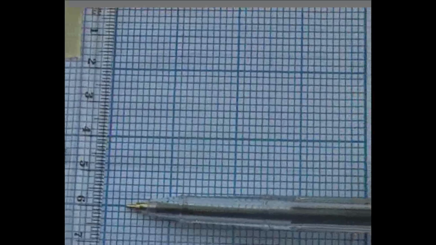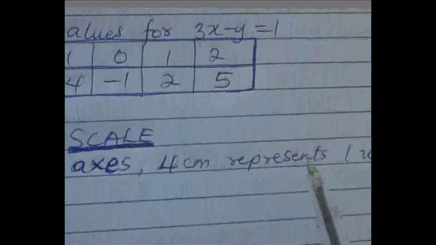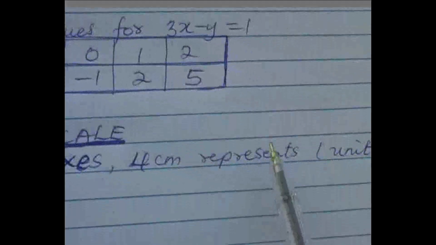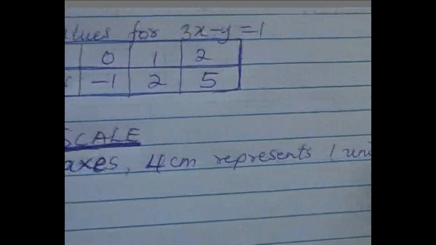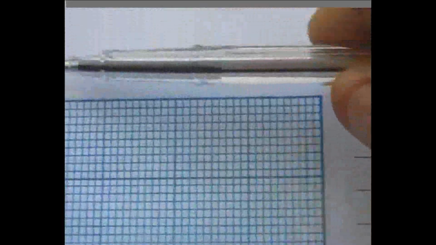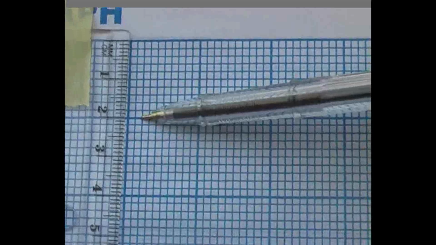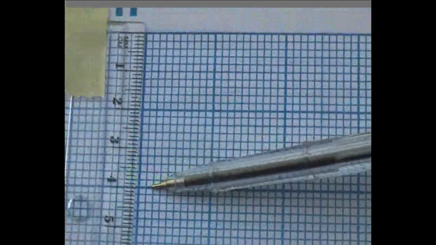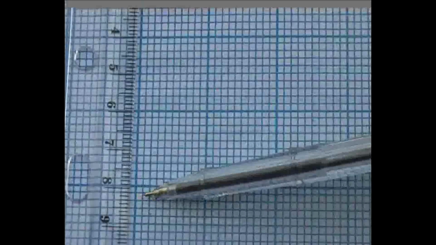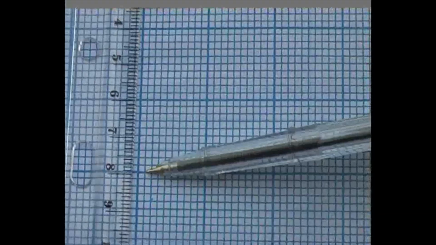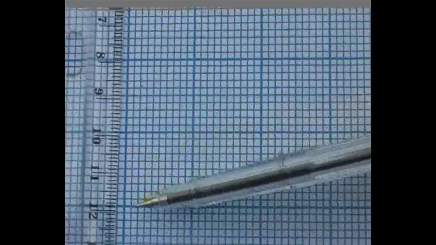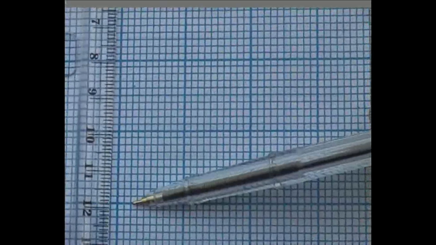That is the 1 unit. And that's exactly the explanation of the scale we have, that 4 centimeters represents 1 unit. That means from this place, 2 cm, to this place, 4 cm, we are going to have 1 unit. It will continue to this place, we're going to have the second unit, which will make it 2. To this place, we're going to have the third unit, which will make it 3. And it's going to be like that.